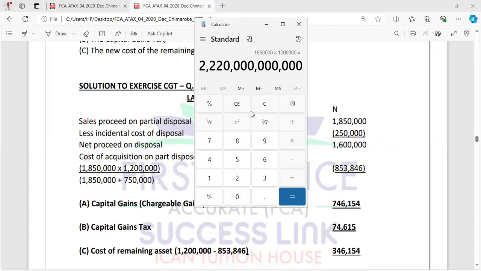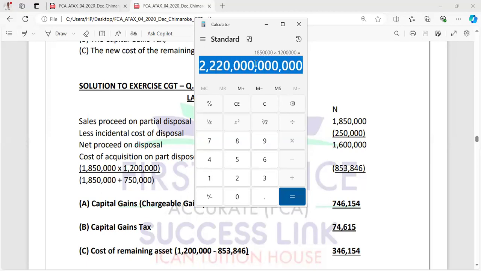That will give me, I don't want to call this figure, 2,200 with 9 zeros. Let's take it like that. Let me copy this for copying sake.